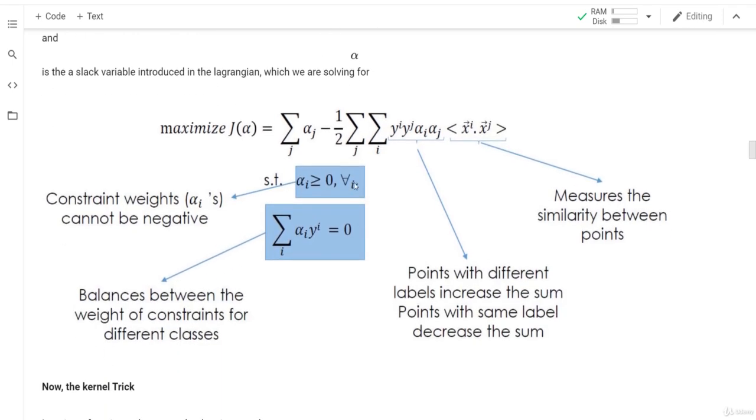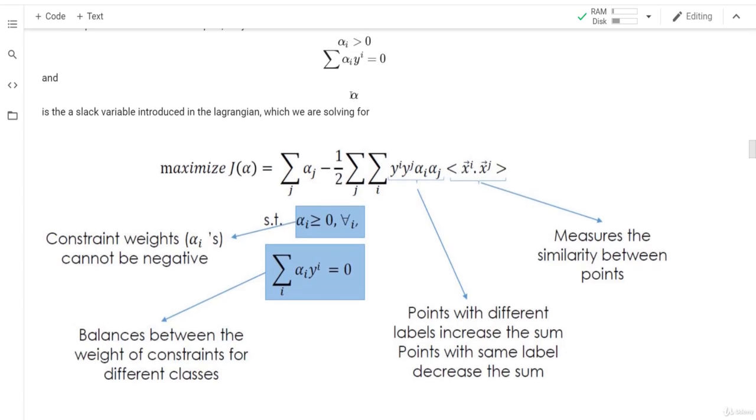As we said, we have two constraints. The first constraint is that this alpha variable cannot be negative, so for each i, for each example, we need to have alpha bigger than or equal to 0. The new weights we have right now, instead of w's, are alphas, and they cannot be negative.